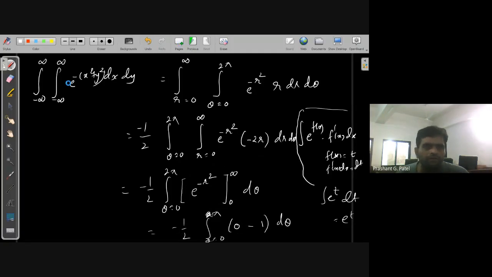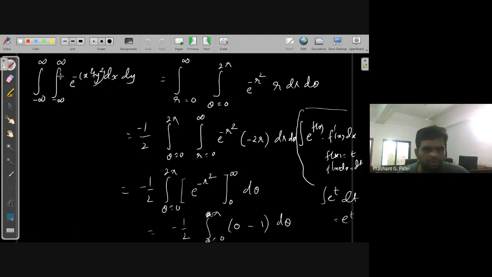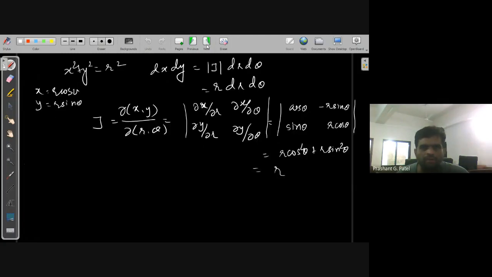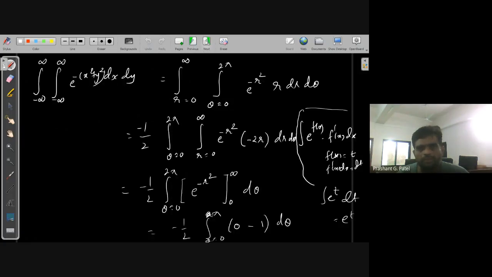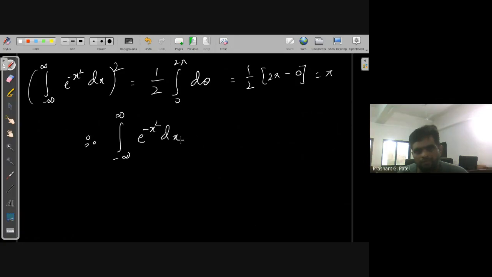So finally you will have this double integration, or I can say the integral from minus infinity to infinity of e power minus x square dx, whole square, because this integration we have concluded from the square of this thing. So that will be 1 by 2, 0 to 2 pi d theta, because this minus minus becomes plus, and the integration of d theta is just theta, so it is 1 by 2 into 2 pi minus 0, which will be equal to pi. So hence finally you will have this is square root of pi. This is our objective to prove.